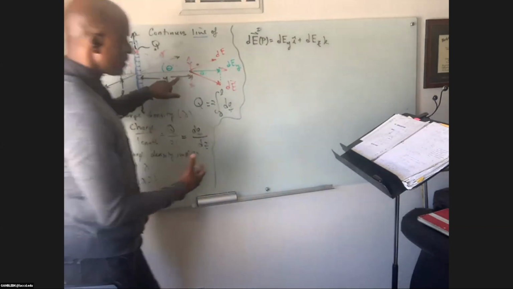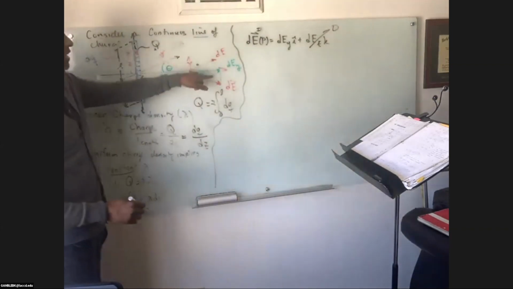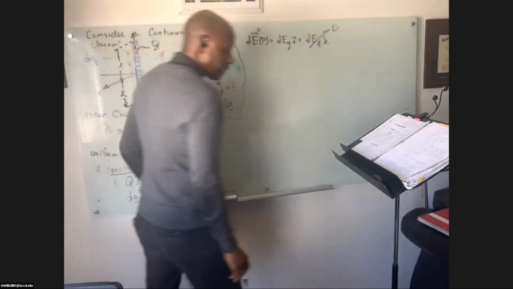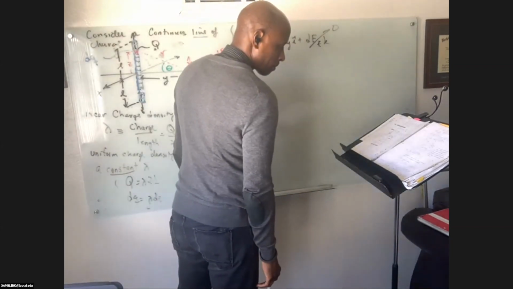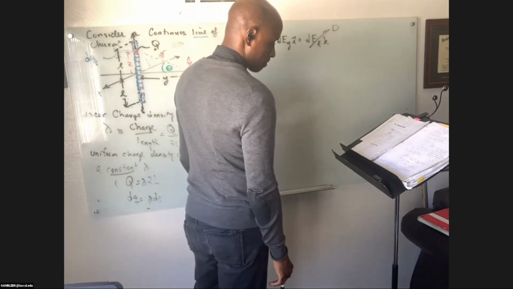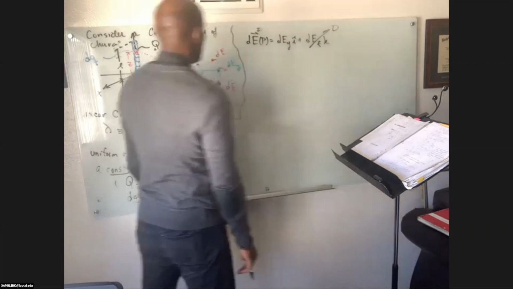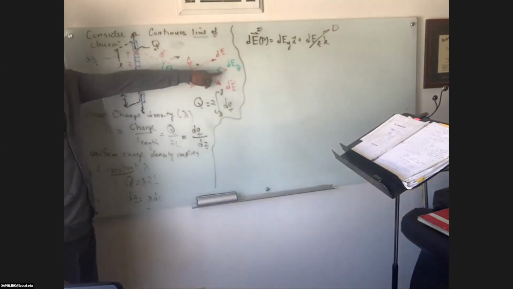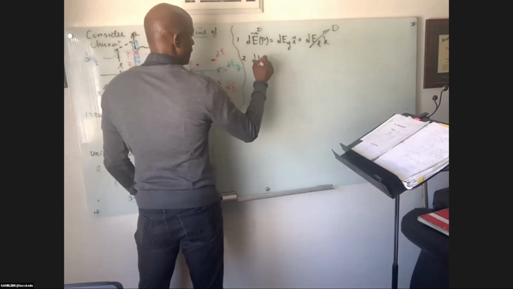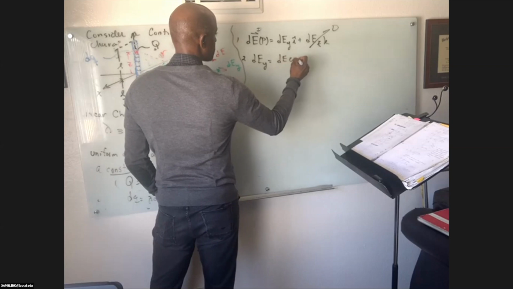Now that we've done that, I'm just going to jump to the fact that the y components are going to add up. As I said before, the y component, let's number this (3), dEy is equal to dE times the cosine of theta.